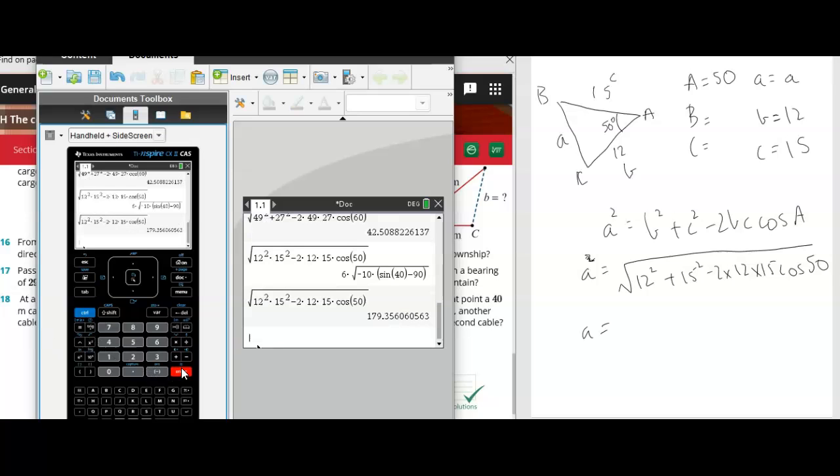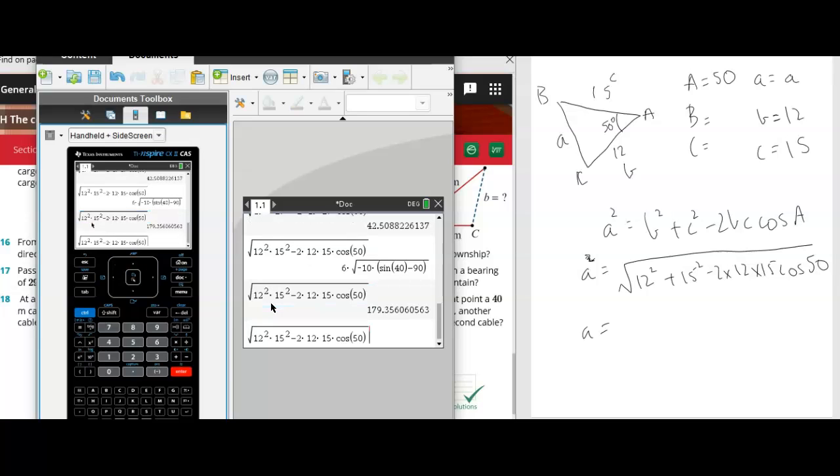Okay, so there we go. A is not, oh, now I've gone wrong somewhere because it should not be 179. And I've done the square root. So 12 squared, oh, there it is.